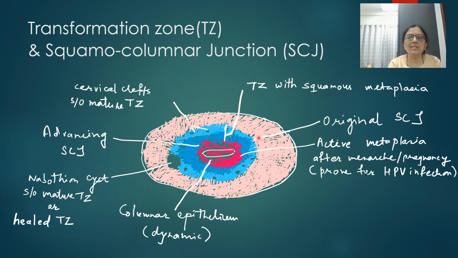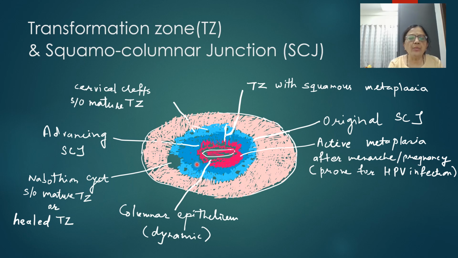So this is the original squamocolumnar junction. Then we have columnar epithelium, and whenever there is hyperestrogenism, even in a normal menstrual cycle, there will be some spread of the columnar cells surrounding the external os.